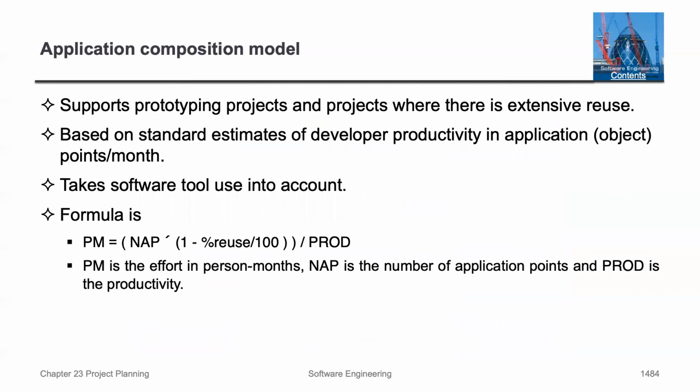So the application composition model supports prototyping projects. It's based on standard estimates of developer productivity and takes software tool use into account. Here is a formula, which I won't read. PM is the effort in person months, NEP is the number of application points, and prod is the productivity.